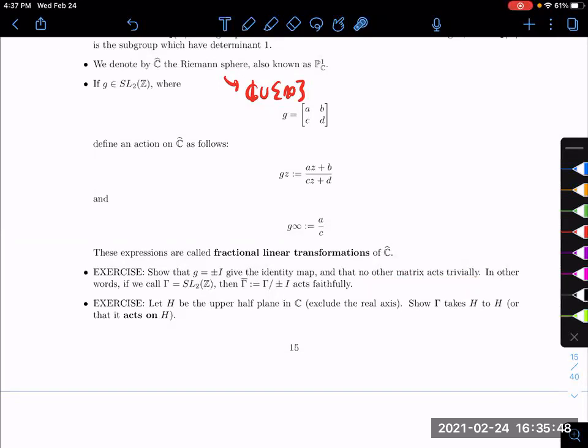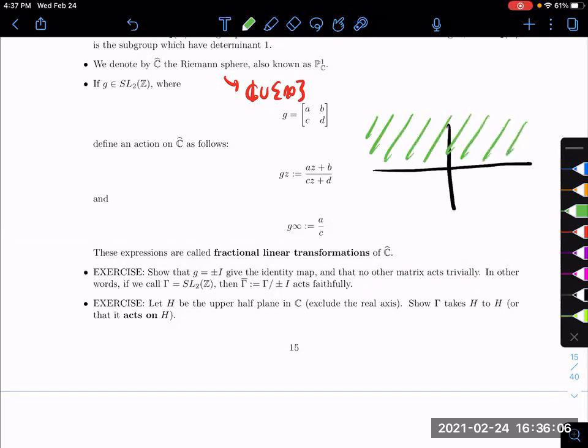Here's another exercise. If I restrict my attention to Z values in the upper half plane, so what's the upper half plane? It's only the upper half complex plane, and I'm not including the real axis. So this is going to be my upper half plane H, and I don't want the real axis included.